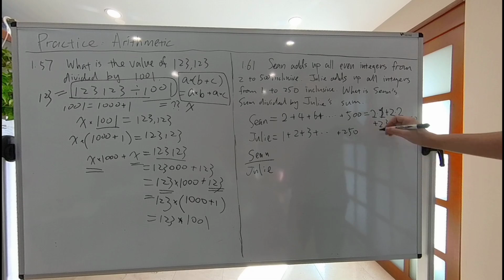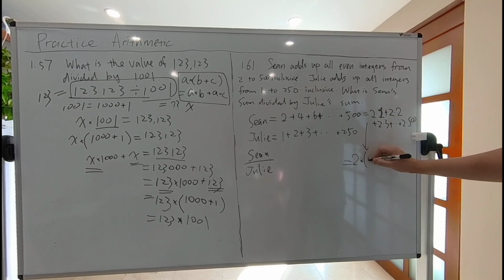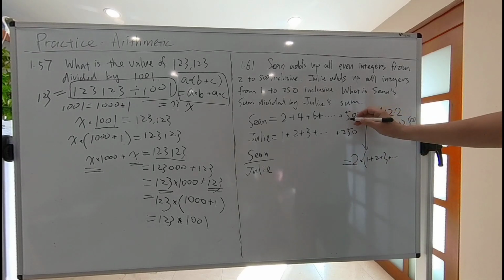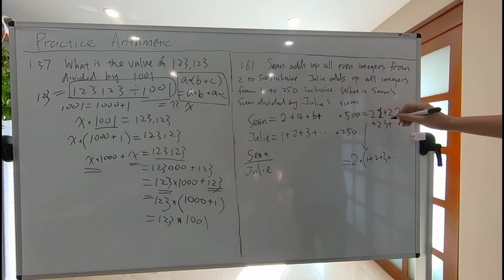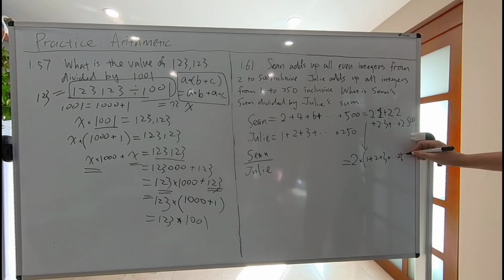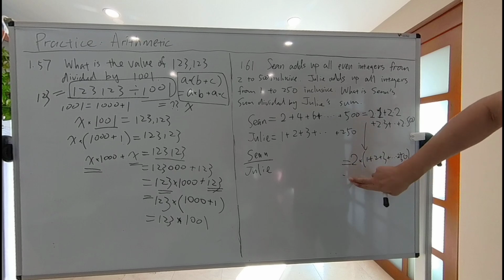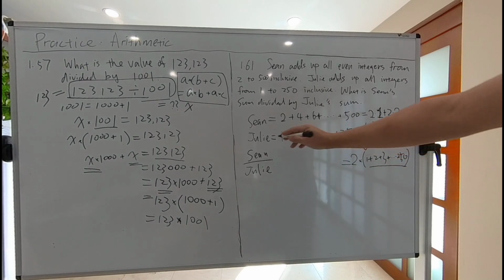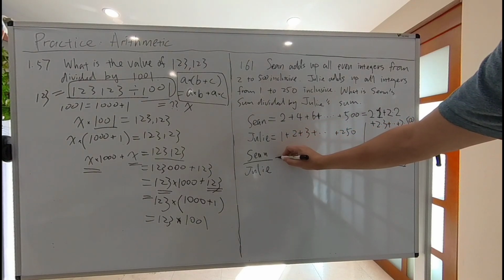If you factor it out, it's 2 times 1 plus 2 plus 3. And what is the last number? The last number 500, factoring out 2, means 500 divided by 2, which is 250. And now you can see this is the same sum that Julie has for summing all the integers from 1 to 250.